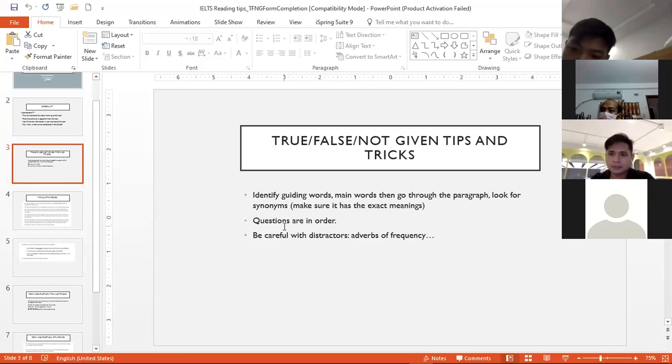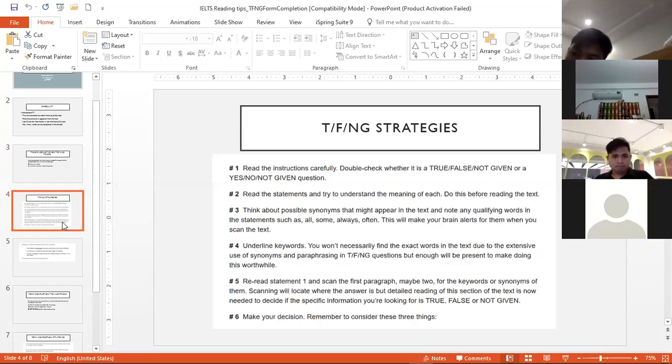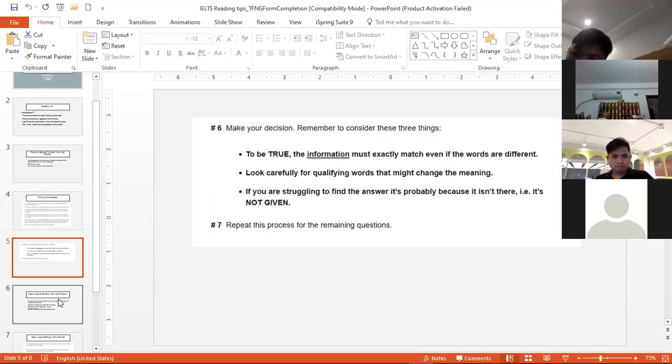The questions are always in order, but you need to look out for distractors like adverbs of frequency or the verb, which mostly means something different. And here are some strategies you will see soon.